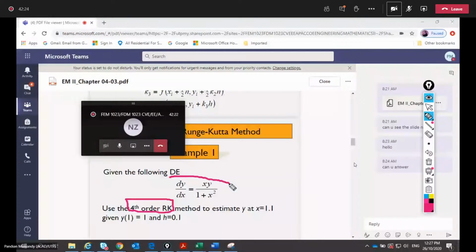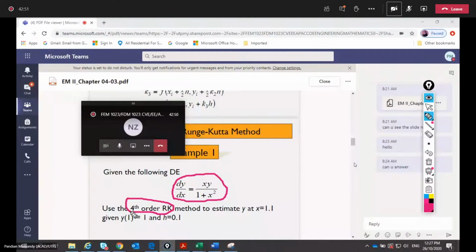So we want to solve this problem, dy/dx equals x times y over 1 plus x squared. Actually, this is a separable equation, class. This is a separable equation, but we want to solve it using a numerical method. So the information which is very important here is use fourth order. Okay, we already know what fourth order is.